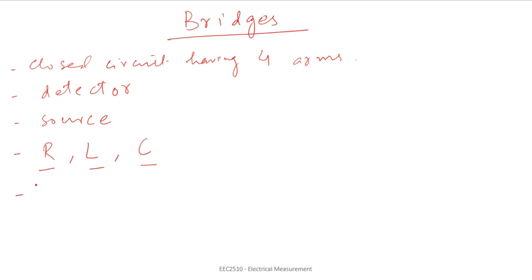Okay, so actually in the bridge circuit, the procedure of measuring the value is based on the comparison of the unknown component with that of an accurately known component, that we call a standard. Okay, that accurately known component is called a standard.